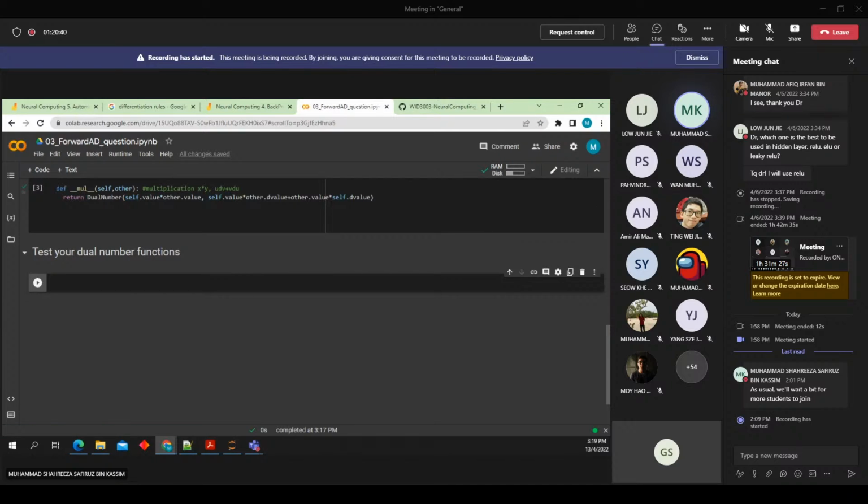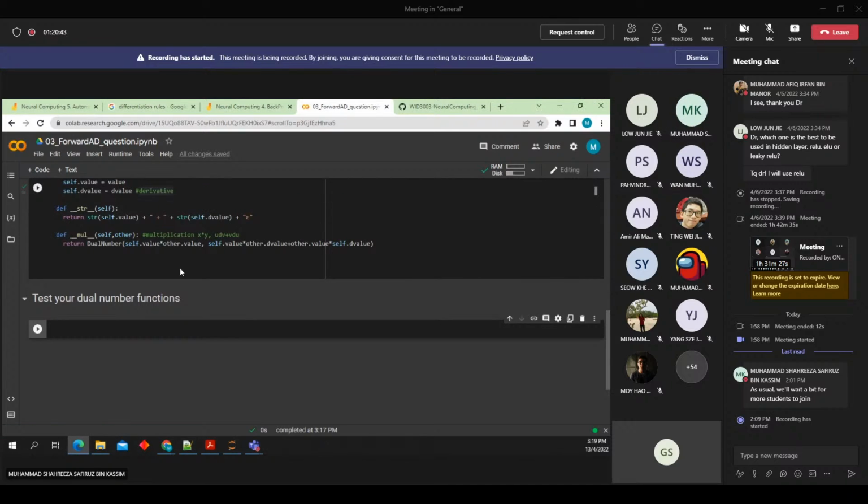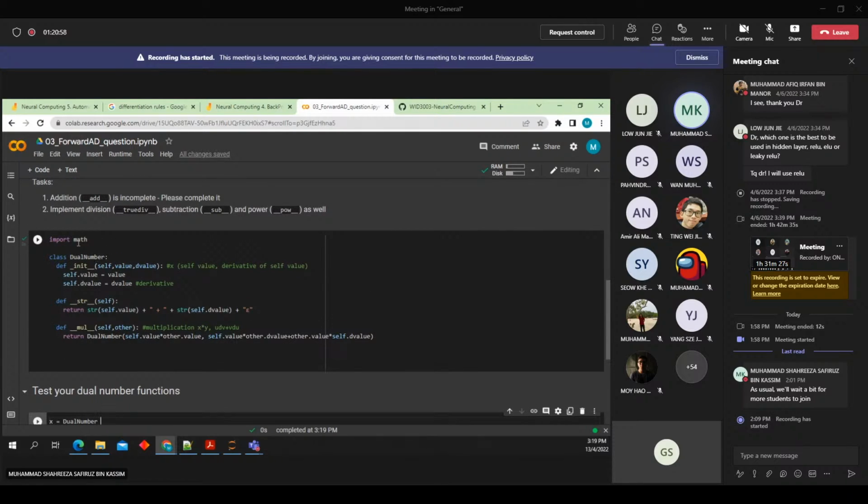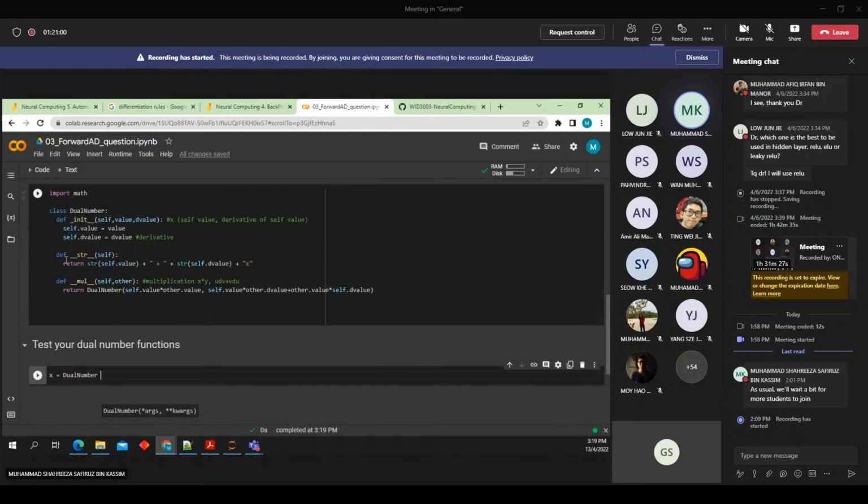Now, so far no problem. If we retest it here, then when you have defined your DualNumber class, you can have x, where the self value is 1 and its derivative is 0.5, for example.